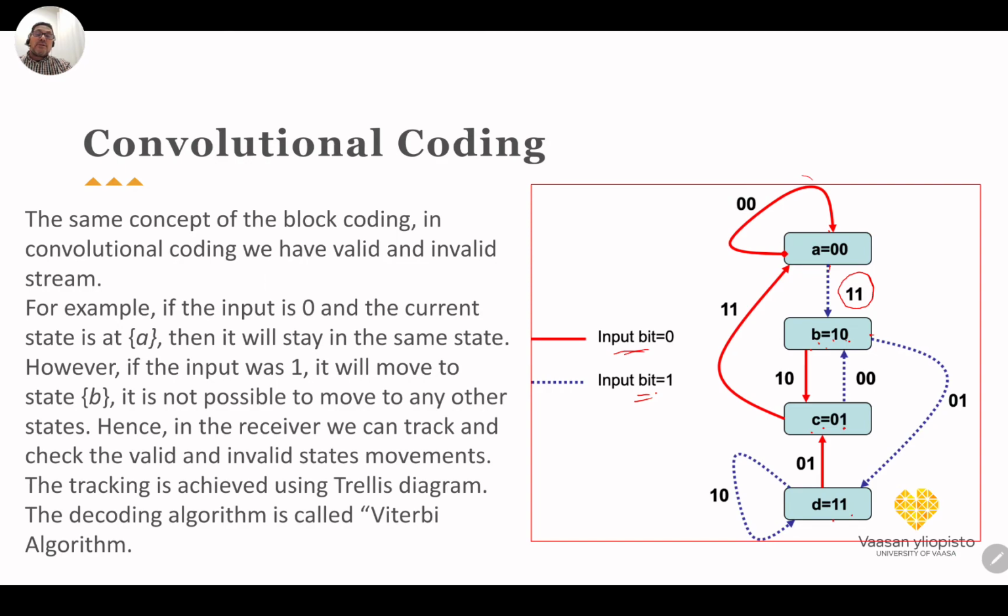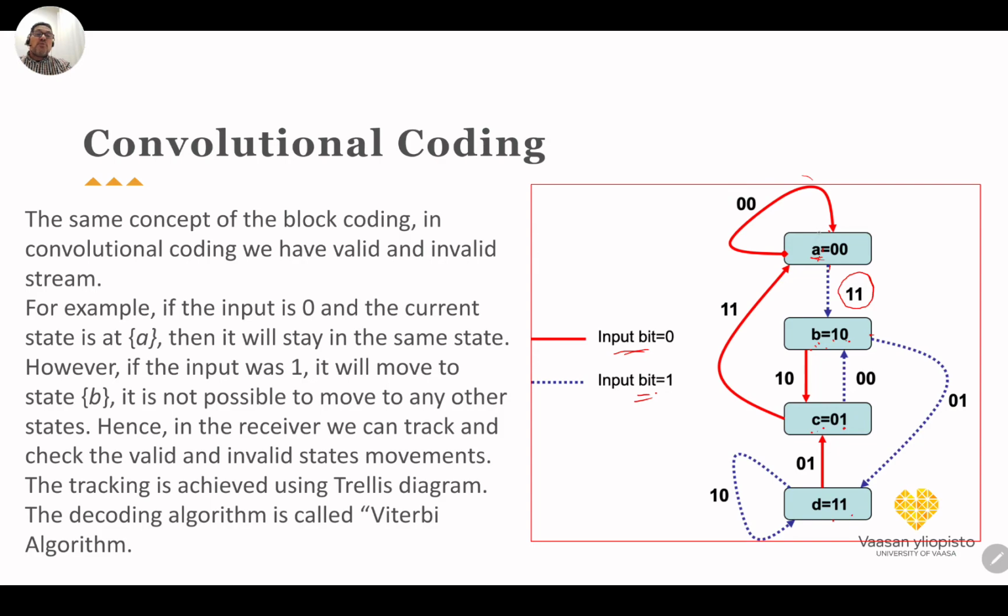that we have valid movements based on the inputs. For example, if you are in state A and the input was 0, it will stay in state A. If the input is 1, it will go to state B. If we find that from state A we jump to state C, this is impossible according to this diagram, or according to this encoder.